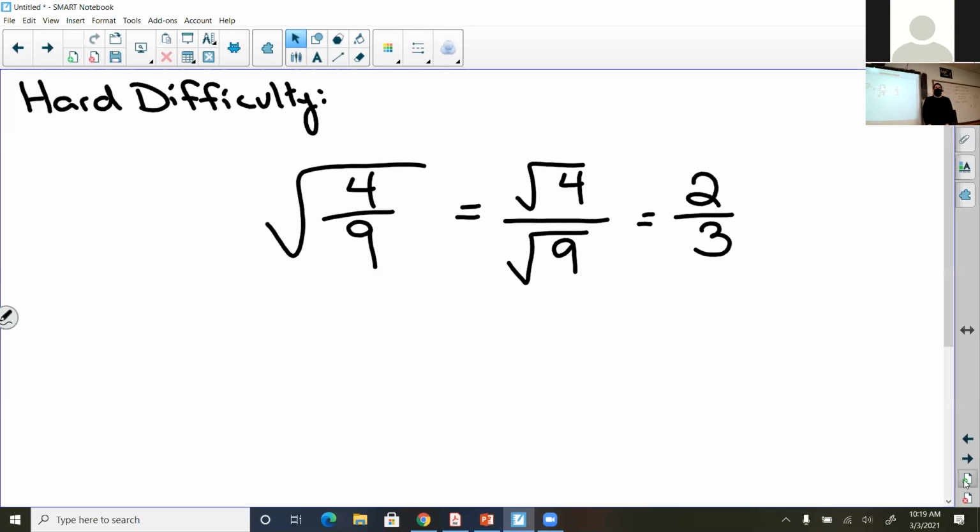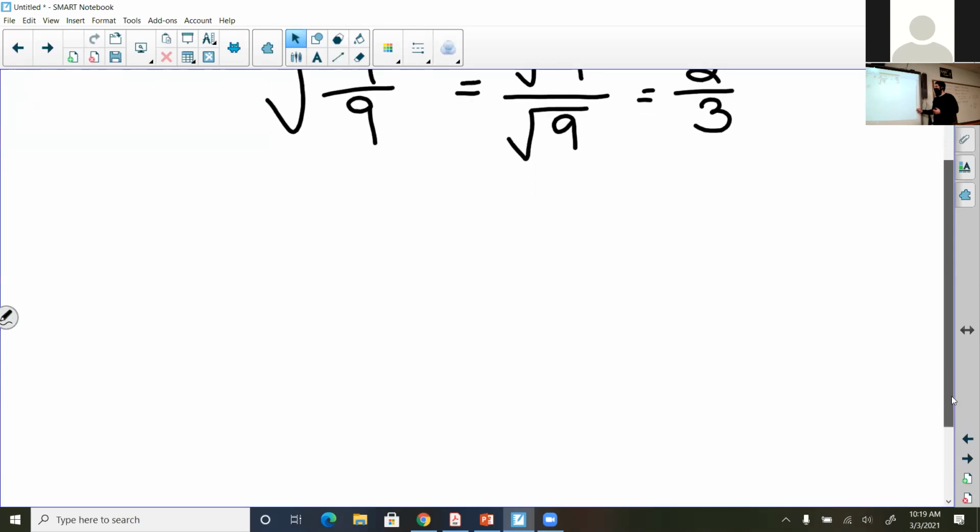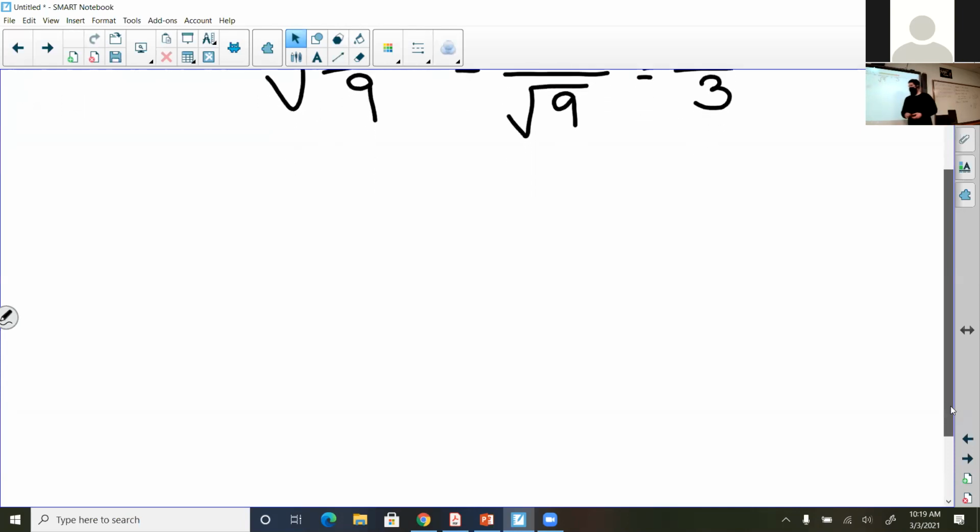Now, this is not going to come up much in this class. I just want to show you what a hard difficulty problem would look like. And it's just taking the square root of the numerator divided by the square root of the denominator.